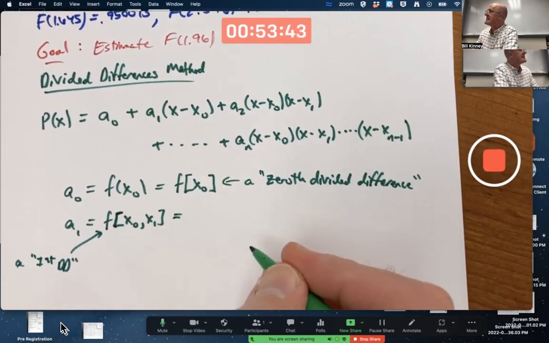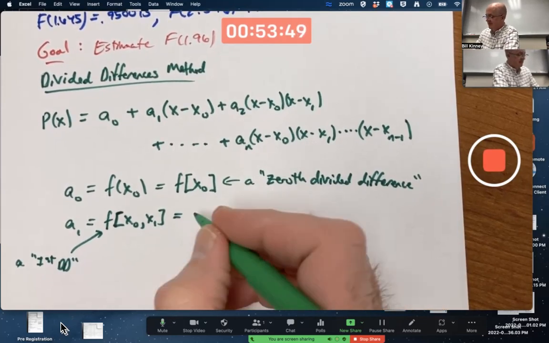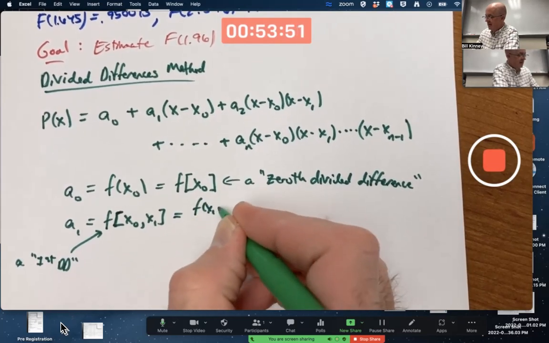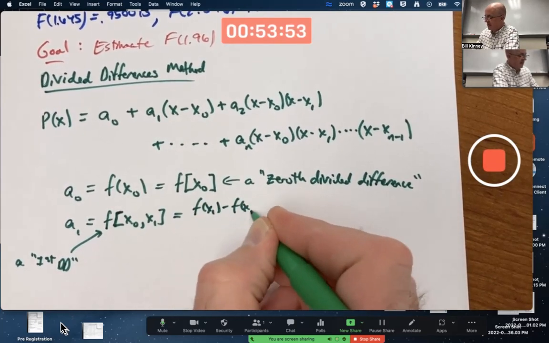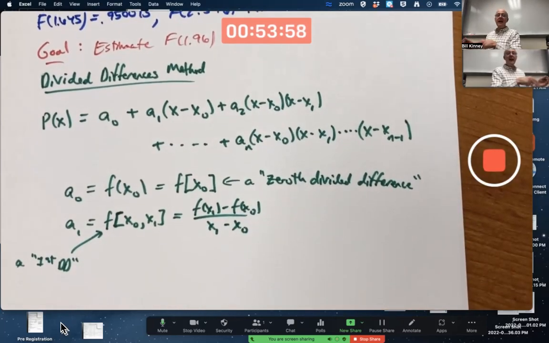And it really is a division of differences, thus the name divided difference. It's f of x1 minus f of x0 divided by x1 minus x0. Hey, it looks kind of like a difference quotient from calculus. Should we take a limit of it? No.